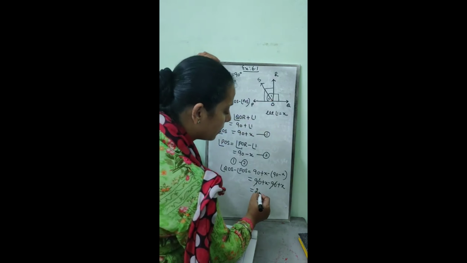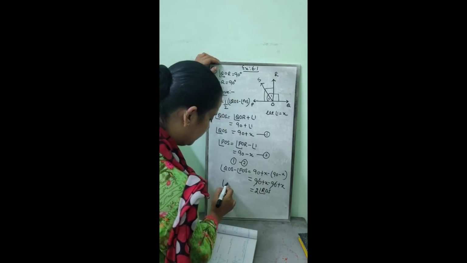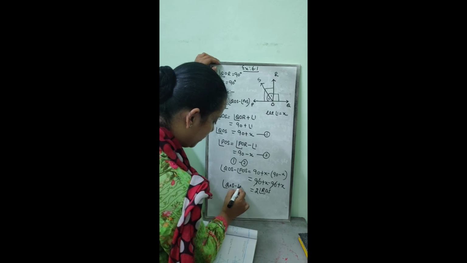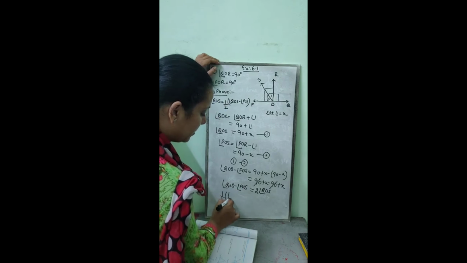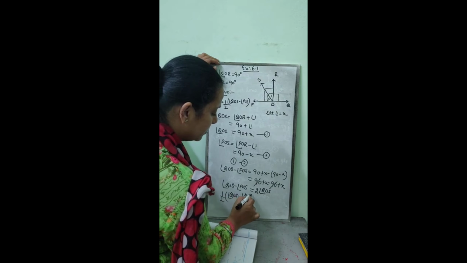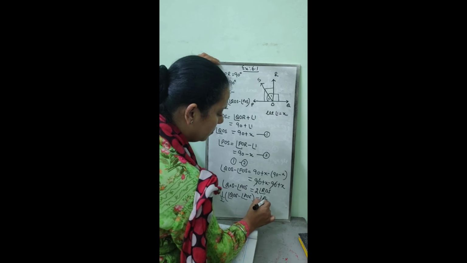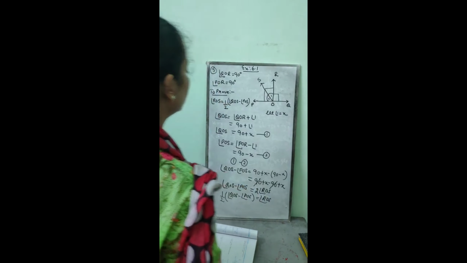Angle 1 is ROS. This 2 will go to the other side. It will become 1 by 2. Half of QOS minus POS is equal to ROS. Clear? Now give a 1 minute review to this sum thoroughly.